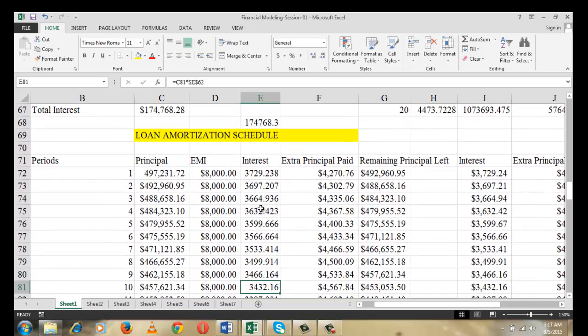We also looked at how we can work on a loan amortization schedule. Normally a debt instrument can be an amortizing debt instrument or a non-amortizing debt instrument. The car loan, bike loan, whatever we are talking about, are all amortizing debt instruments.